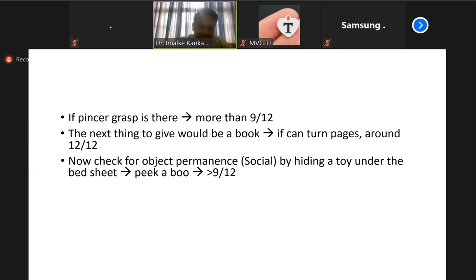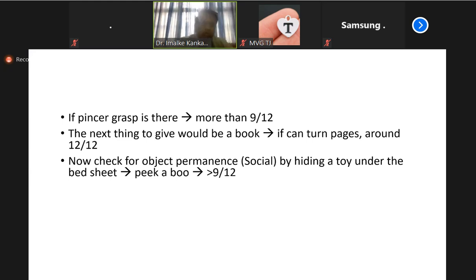Right. At the same time, now you are dealing with these small gadgets, and you can look for object permanence. That means you could use either a crayon, or a bead or a cube; with a book it's a bit difficult. You can just hide it under a bed sheet and see whether the child is looking for it.